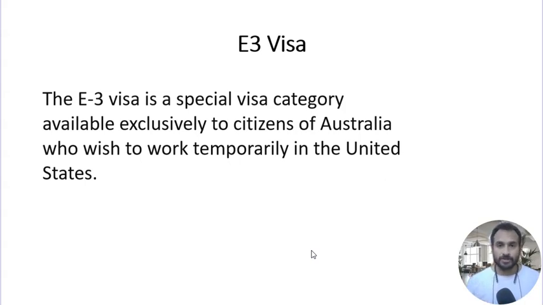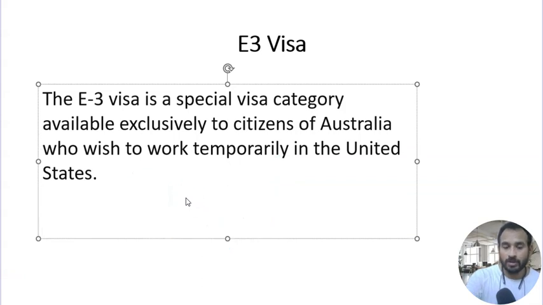Now the question comes, can we work with E2 or E1? No, we cannot work with E2 visa holders or E1 visa holders, and the same goes for E3 visa holders. Those are treaty visas. The E3 visa is given to Australian citizens who would like to work in the US, and we can work with the dependents of E3 visa holders, who get the E3D dependent visa.